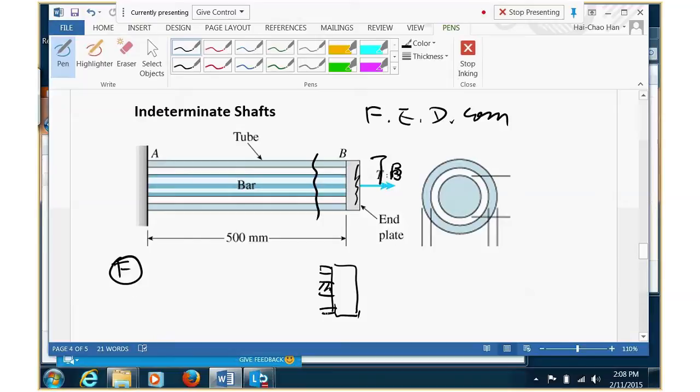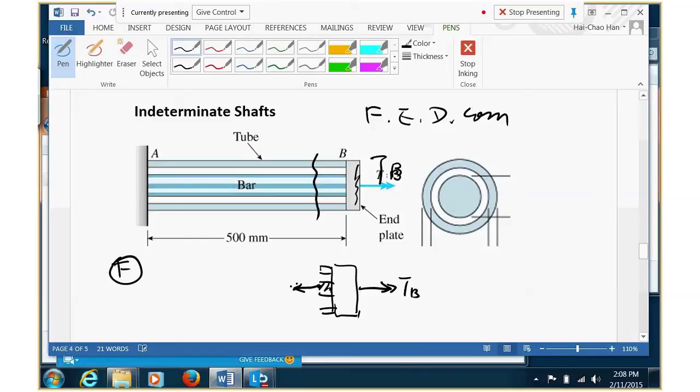What's the load on this free body? You have load TB here. When you cut, the cylinder is going to have a reaction. That's a torque, and we call it internal torque. Just to remind you, this is local in this segment. So we need to use a label.